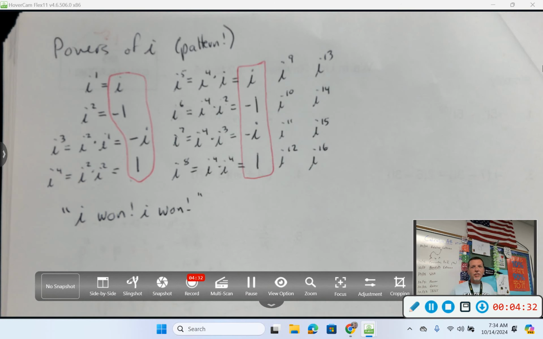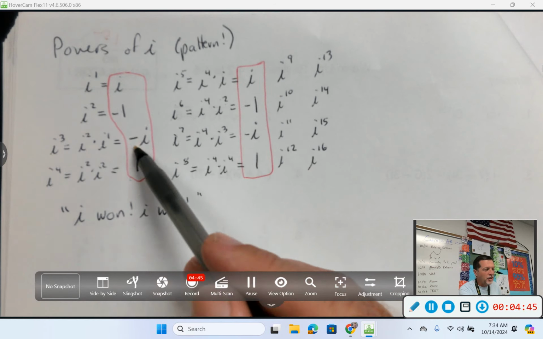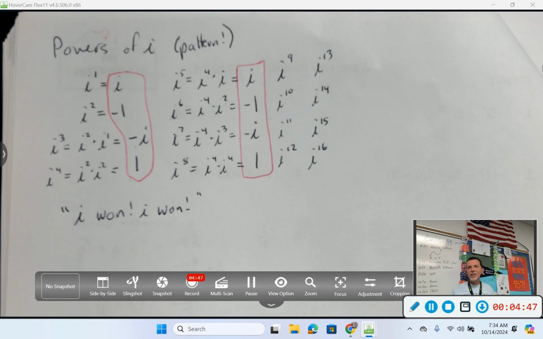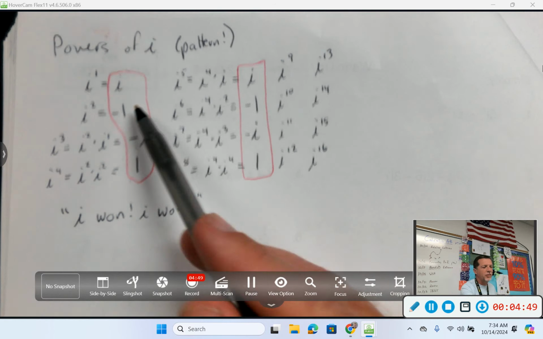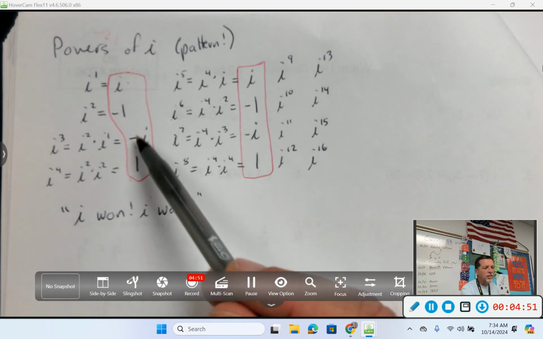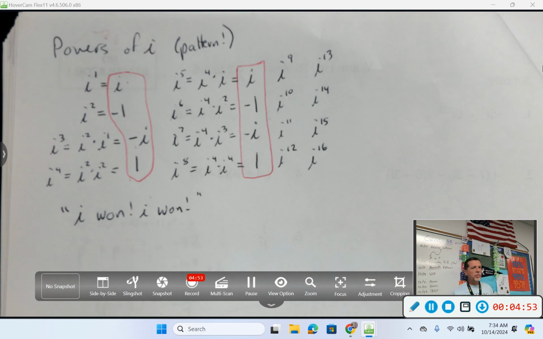So that's, I guess, nice, but what does I won not tell you? The negatives. So do you want to use that little memory device? Maybe, but you better have some way to know who's negative. So I won is kind of cute, kind of easy to remember the order, but you've got to get those negatives in there. i, -1, negative i, 1. But then that's just the pattern, so that's not really a memory device.